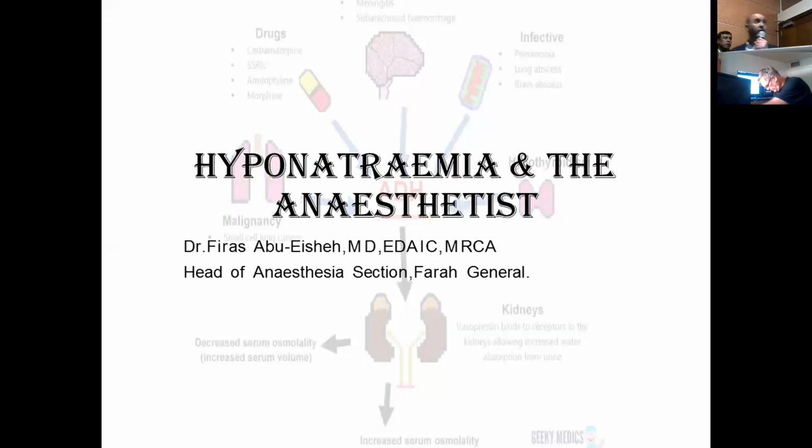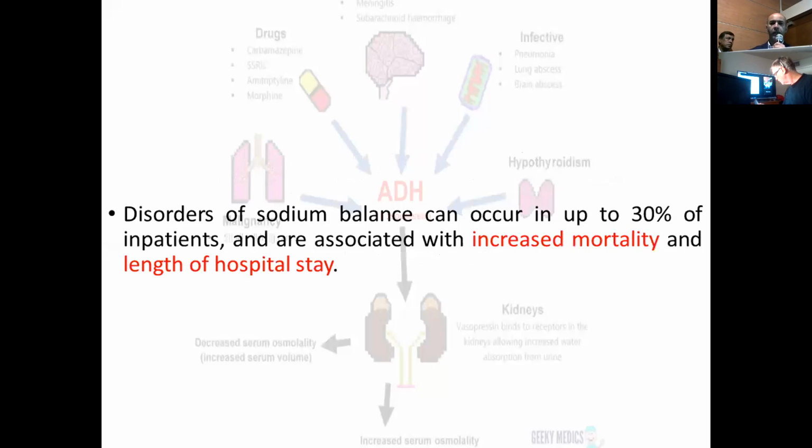So I'll be talking very briefly, just to reiterate what Dr. Muhammad Juma has mentioned, and why hyponatremia per se is extremely important to the patients, to the management of the patients, and to my fellow colleagues, the anesthesiologists.